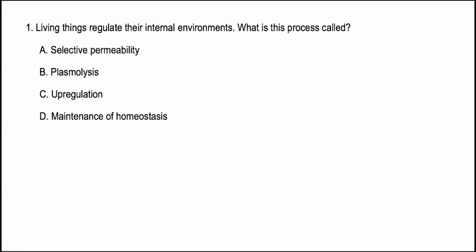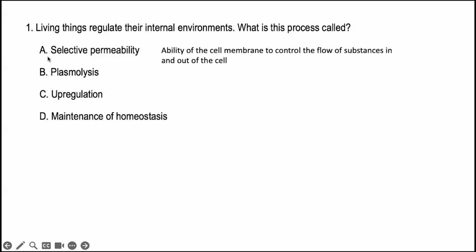Number 1: living things regulate their internal environments. What is this process called? A, selective permeability; B, plasmolysis; C, upregulation; D, maintenance of homeostasis. When you see this problem, my instinct thinks that A could be the answer.